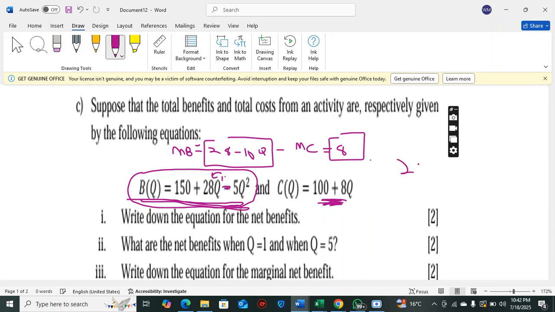What answer are you getting, madam? 28 minus 10Q minus 8. No, madam, you can't.